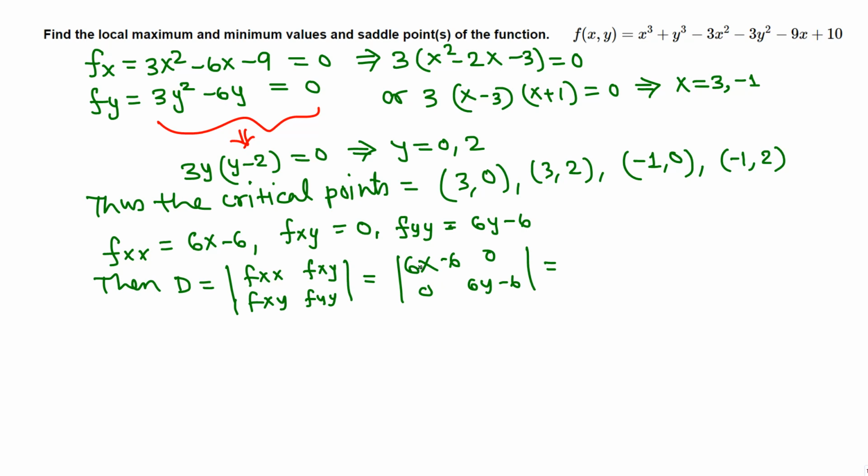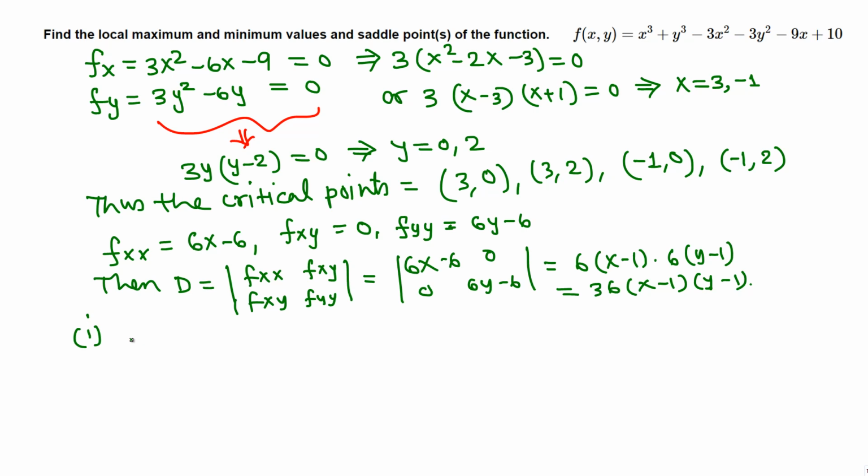We can factor 6 out of each, 6 times x minus 1, times 6 times y minus 1, which is 36 times x minus 1 times y minus 1. We didn't have to multiply it out, but anyway, this is the discriminant. Now we need to test this discriminant for each of these critical points separately.